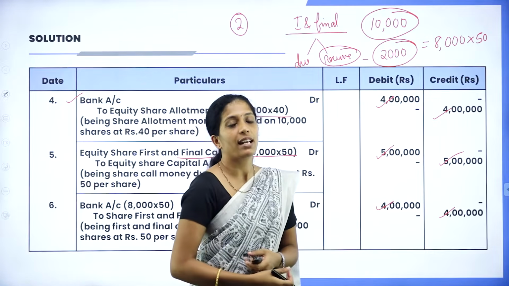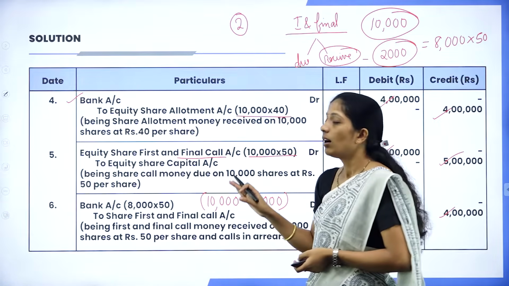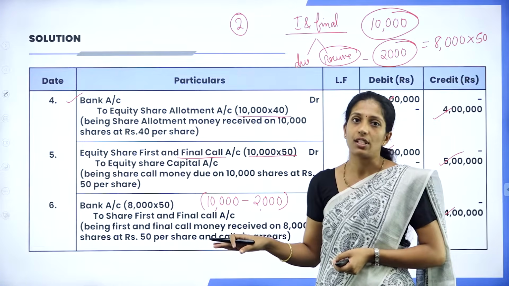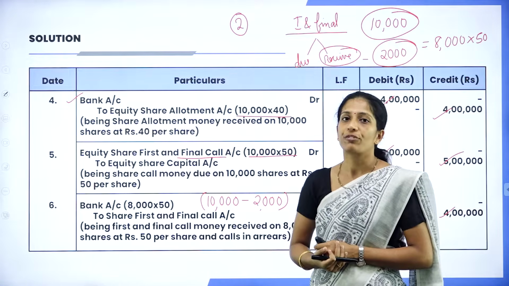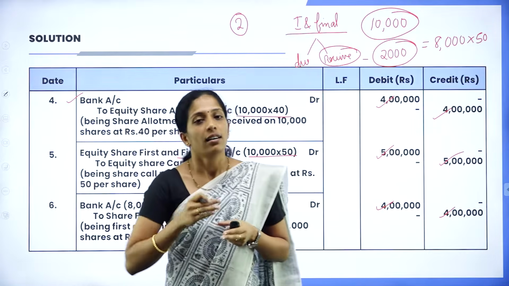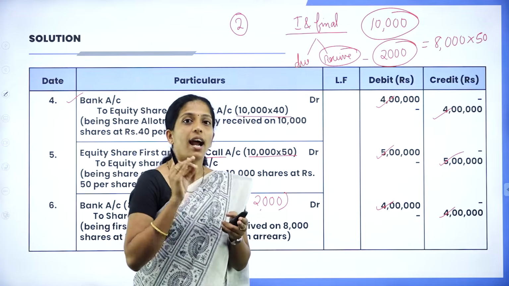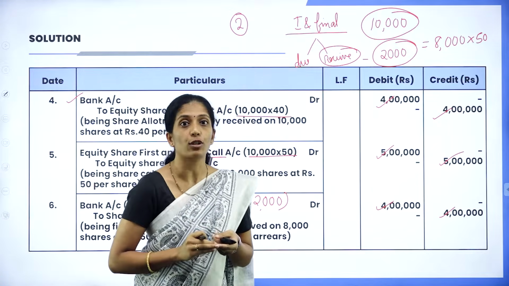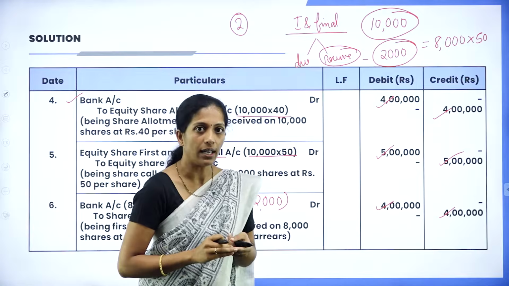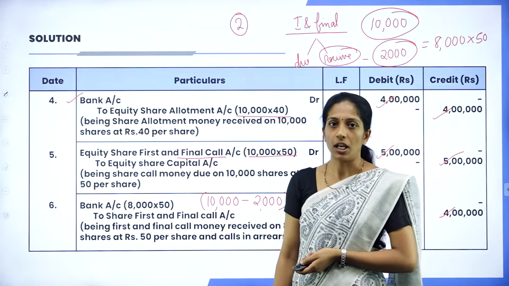So what would be our narration? Being first and final call money received only on 8,000 shares of rupees 50 each. Or you can write, being share first and final call money received on 8,000 shares and 2,000 shareholders have failed to pay the first and final call money. So this is the receiving of first and final call money.